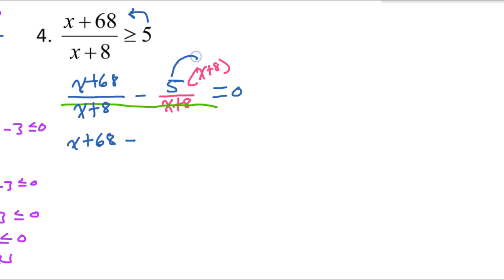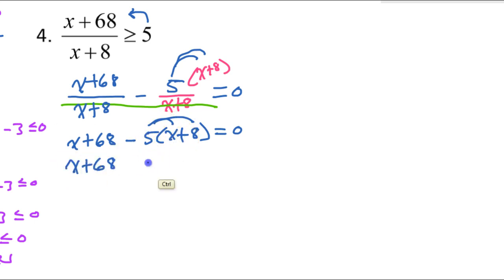Now be careful, when I do the distributive property, this is a negative 5. In fact, maybe I'll just show one more step. We are distributing a negative 5. So this is going to be x plus 68 minus 5x minus 40. Not plus 40, minus 40.